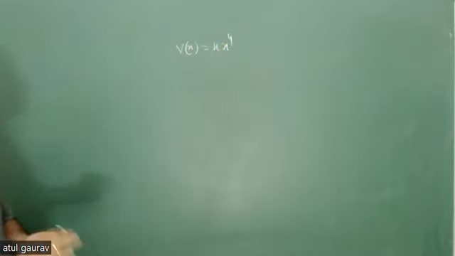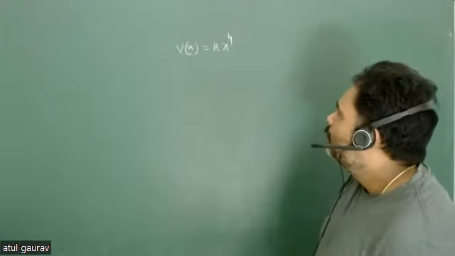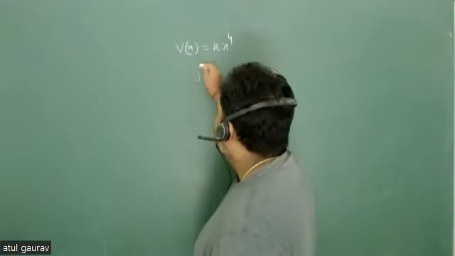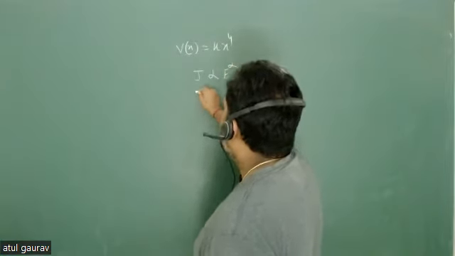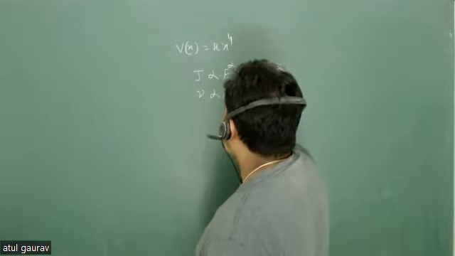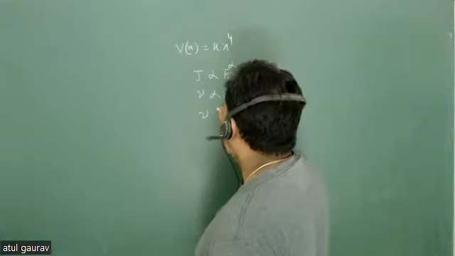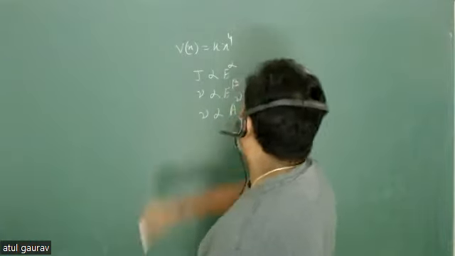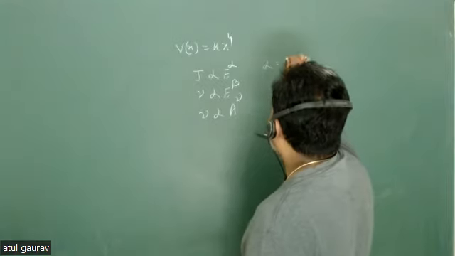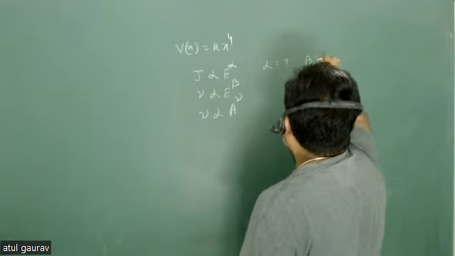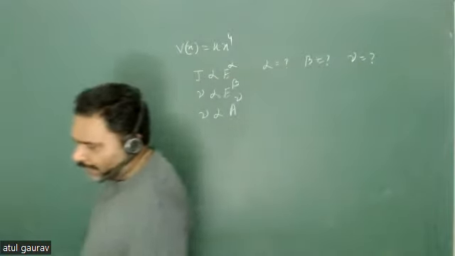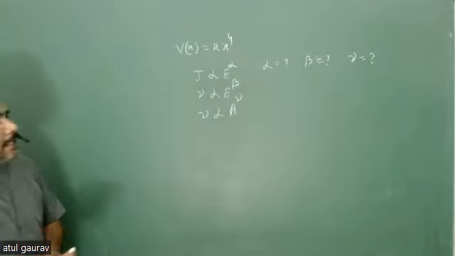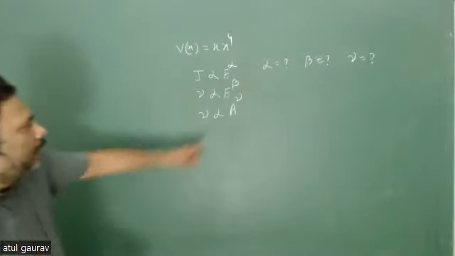This has also come in your exam, right? Suppose this is our potential. Then just first find J is proportional to E to the power alpha, the frequency is proportional to E to the power beta, and frequency is proportional to amplitude to the power gamma. Then find the alpha, beta and gamma. What will be the values of alpha, beta, gamma? Okay, is this clear? And A is the amplitude.